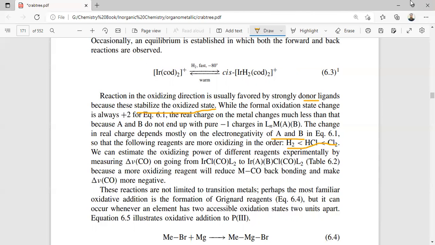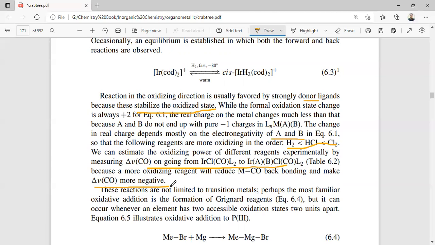We can estimate the oxidation power of different reagents experimentally by measuring the ν(CO) in the iridium carbonyl complex with H2, HCl and Cl2, because the more oxidizing reagent will reduce M to CO back bonding and make the ν(CO) more positive. So in oxidative addition, the net +2 change in the oxidation state of the metal does not fully happen.